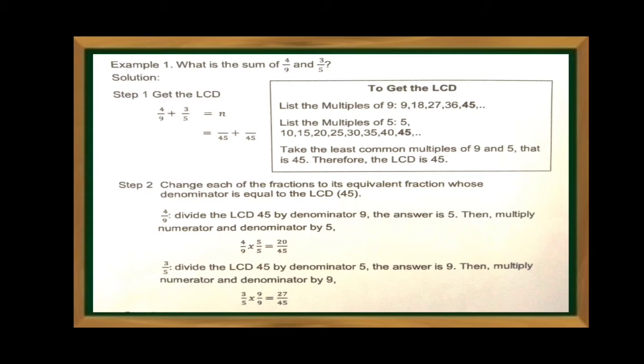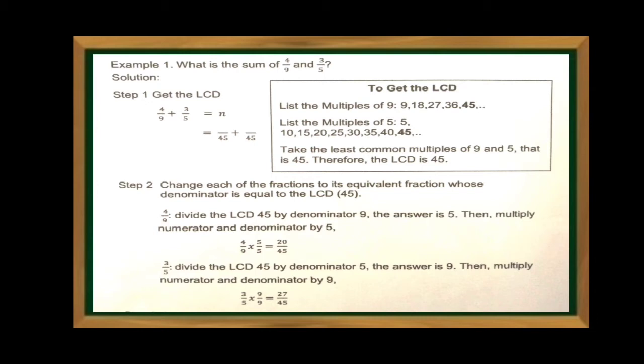Step 2, change each of the fractions to its equivalent fraction whose denominator is equal to the LCD, which is 45. Okay, so for 4/9, divide LCD 45 by denominator 9. The answer is 5. Then multiply numerator and denominator by 5.